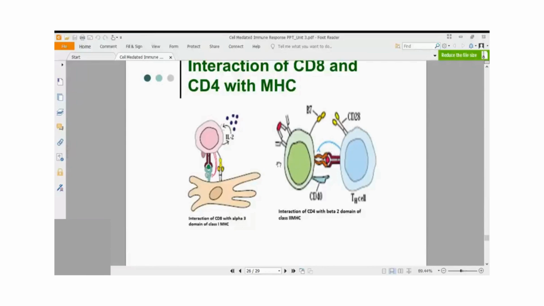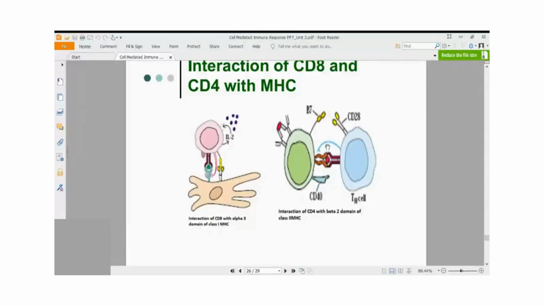And similarly, I had mentioned that the CD8 receptor of the CD8 T cell established the contact with the alpha 3 domain of the class 1 MHC when the thymic epithelial cell presented the self antigen to it first in the thymus, and the TCR came in contact with that self antigen presented on class 1 MHC, selecting the precursor T cell to become a CD8 T cell. Why? Because the CD8 receptor came in contact with the alpha 3 domain of class 1 MHC, and it lost the CD4 receptor.